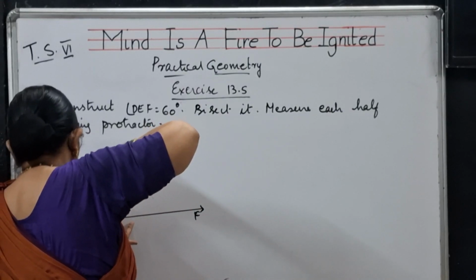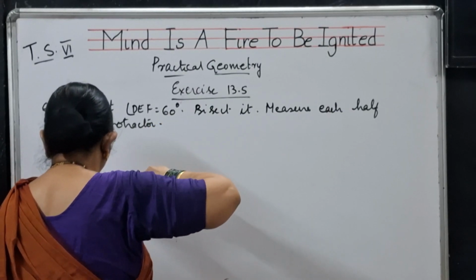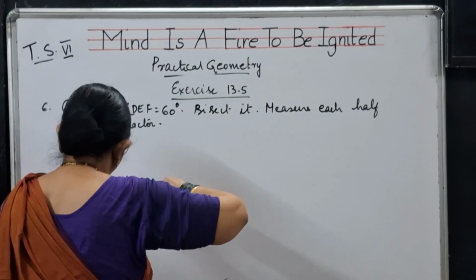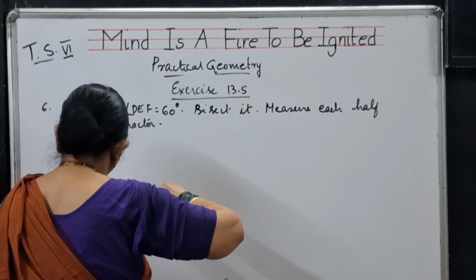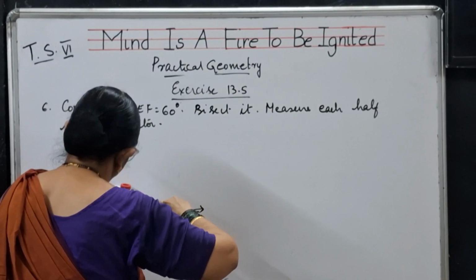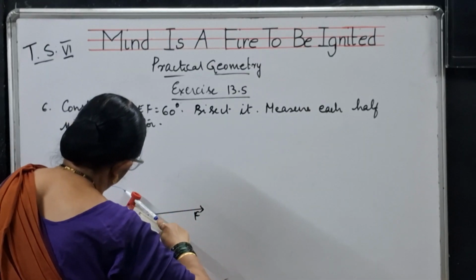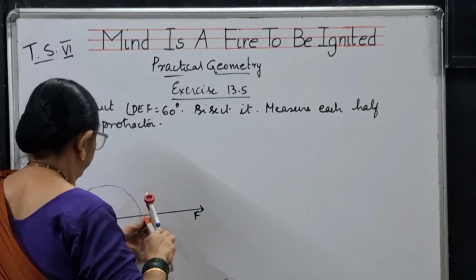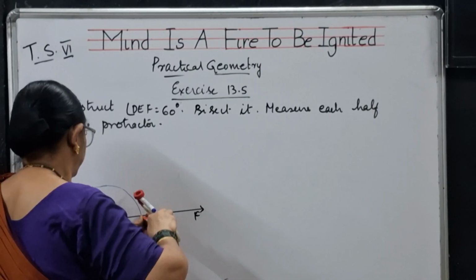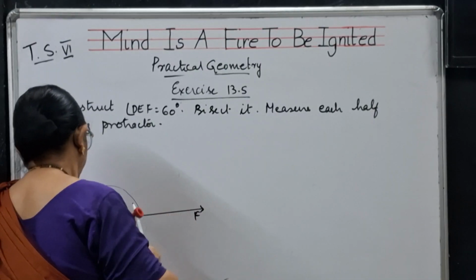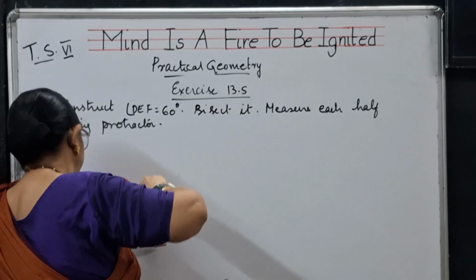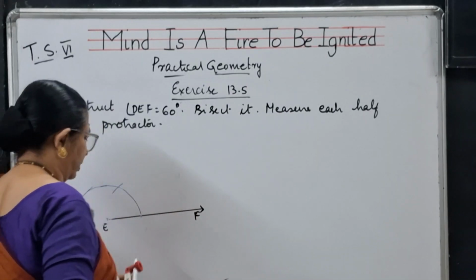So with E as a center with some radius, you have to draw an arc in this way, and with this as center, with the same radius, you draw an arc.